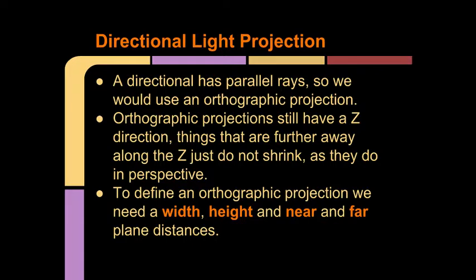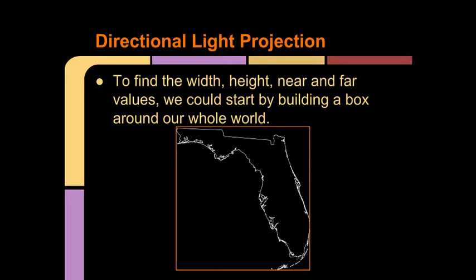When building an orthographic matrix, we are basically defining the size of a box. We will need to determine width, height, near, and far clip values for this supposed box. A simple starting idea for defining our projection would be to build a box around our entire simulation world.